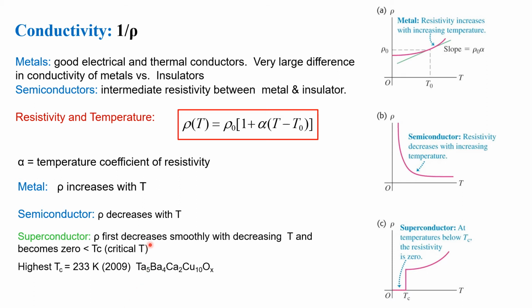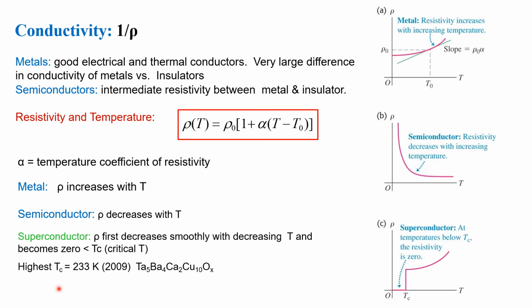Semiconductors have resistivity that decreases with temperature, and a superconductor, which is a special type of conductor, has a resistivity that first decreases mostly with decreasing T and becomes zero at the critical temperature Tc. The highest critical temperature observed in the year 2009 is around 230 Kelvin.